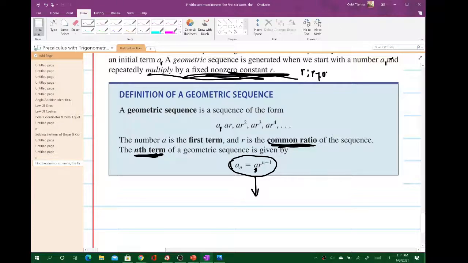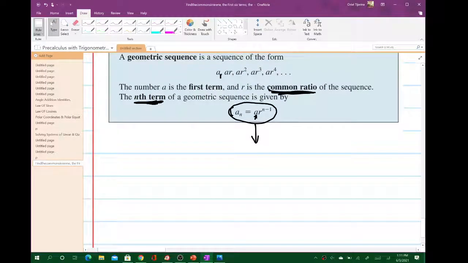The nth term of a geometric sequence is given by a sub n equals a r to the n minus 1. I wanted to rewrite this as a sub 1 r to the n minus 1.